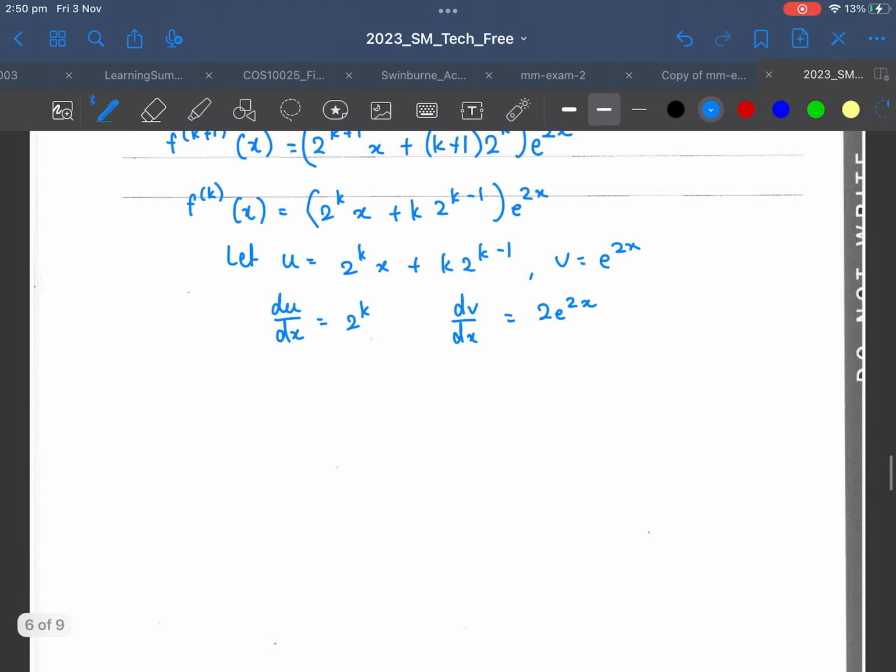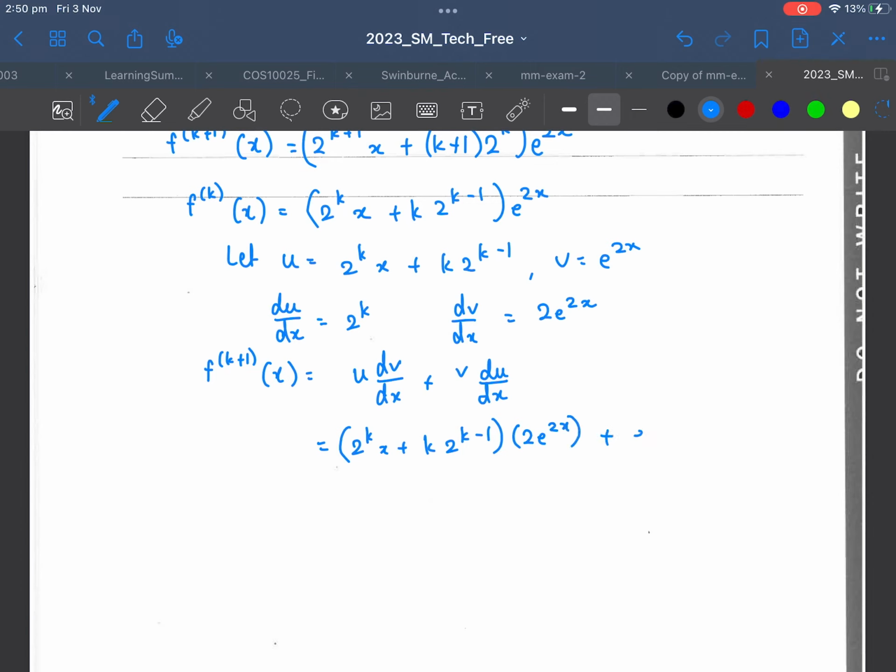So now we can say that f of k plus 1 of x is going to be u dv/dx plus v du/dx. Just applying the product rule over here, we'll get 2 to the power of k x plus k 2 to the power of k minus 1 times dv/dx, which is 2e to the power of 2x, plus e to the power of 2x, which is v, times the differentiation of u, which is just 2 to the power of k.